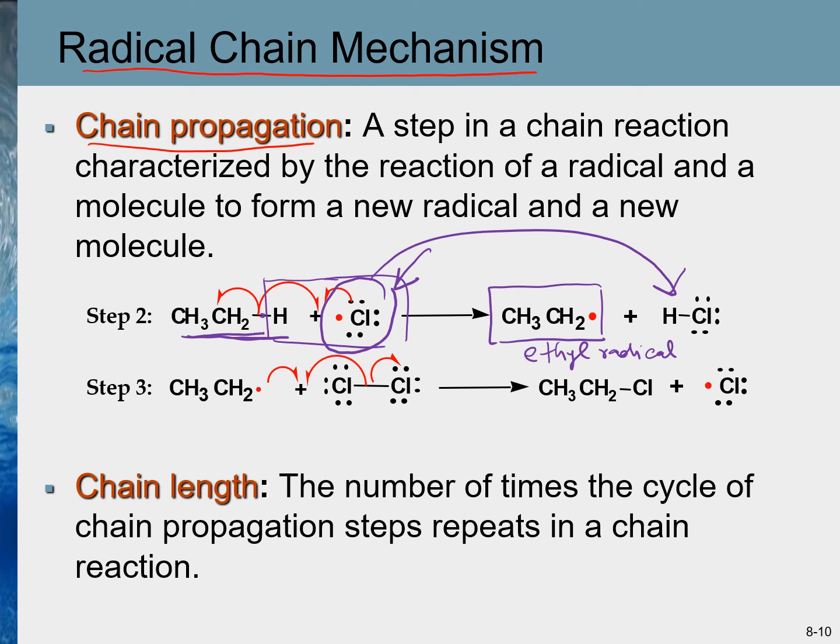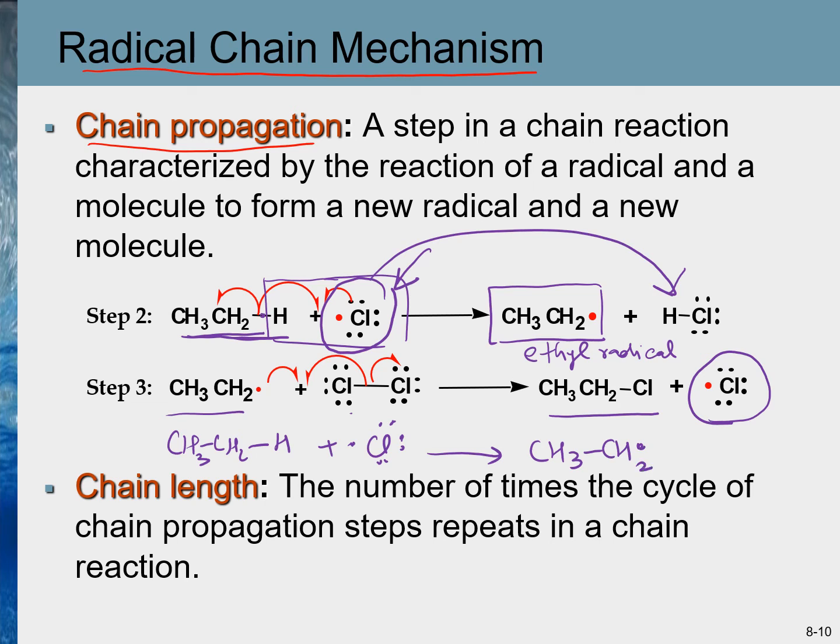The ethyl radical will react with another chlorine molecule, resulting in homolysis of chlorine, and the product will be a chloroethane and a new chlorine radical. This new chlorine radical will react with another ethane molecule, causing a formation of another ethyl free radical and a neutral molecule.